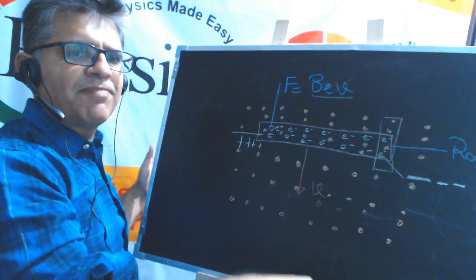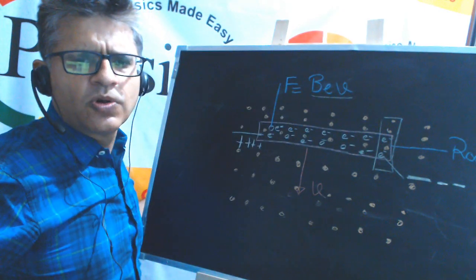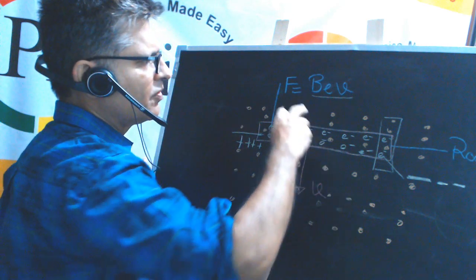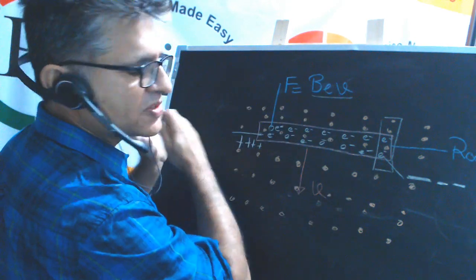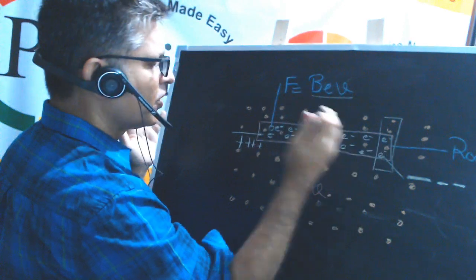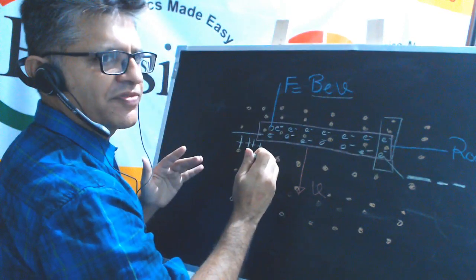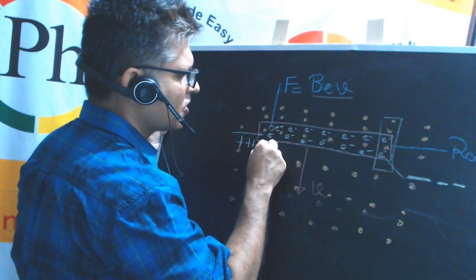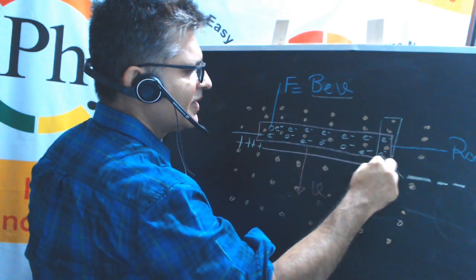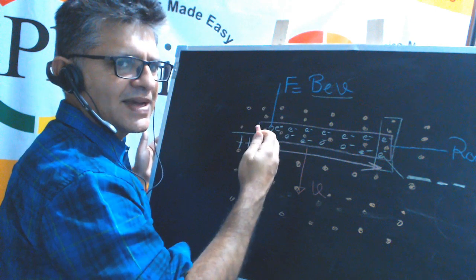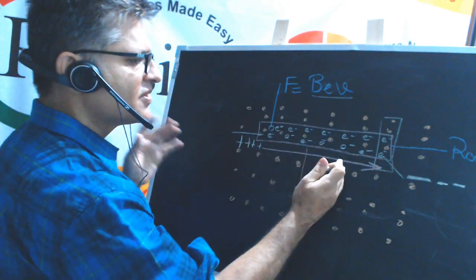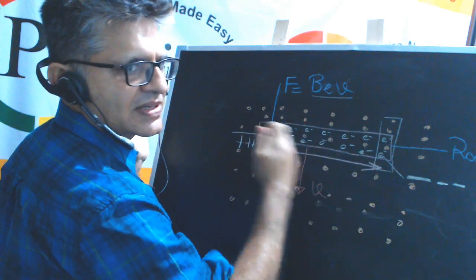So at some point what happens is, even though you have the force acting towards the right-hand side, you end up setting up an electric field in this particular direction. So this is your electric field that gets set up inside the rod, and the electrons will not move any further, they will stop.